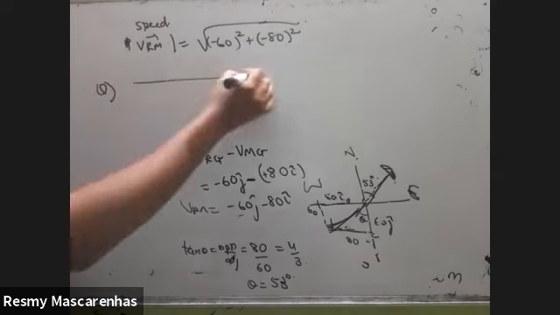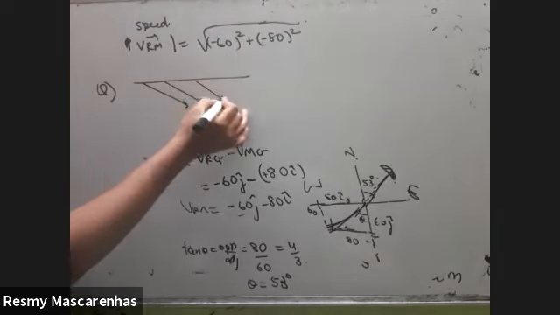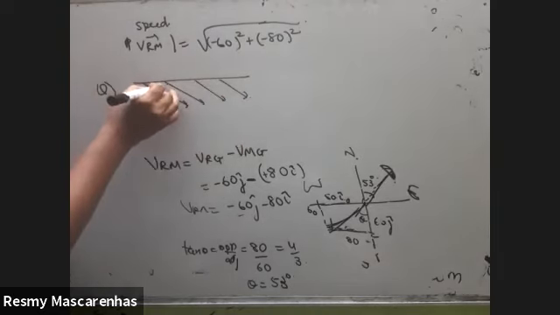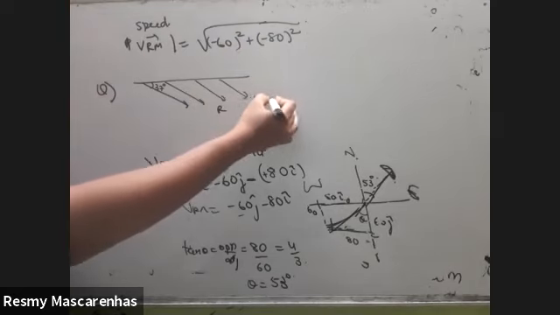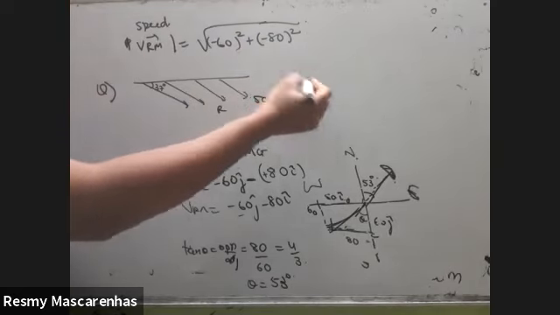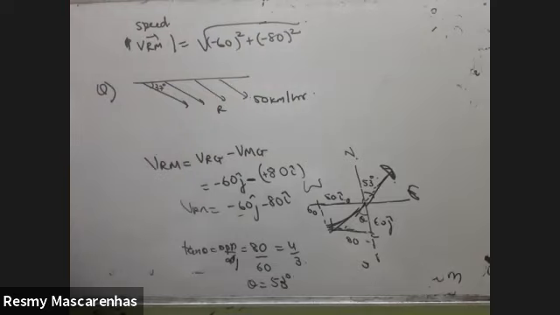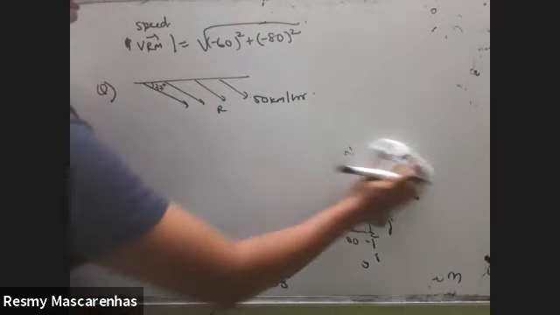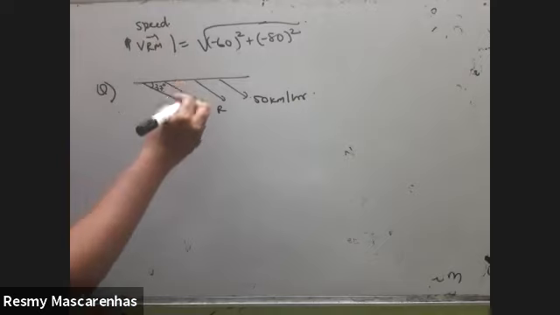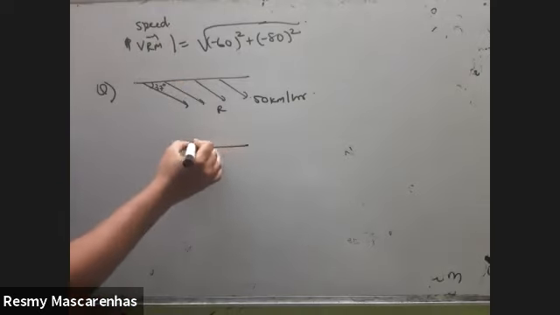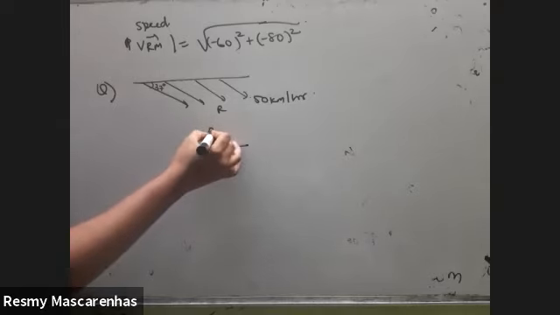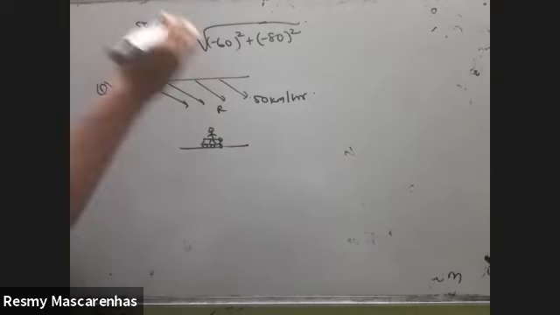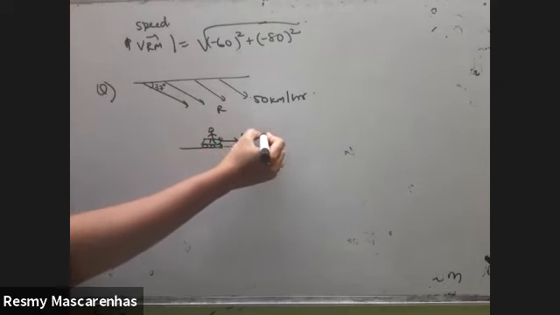Now suppose rain is falling at an angle of 37 degrees, at 50 kilometers per hour. And there's a man moving at 40 kilometers per hour.